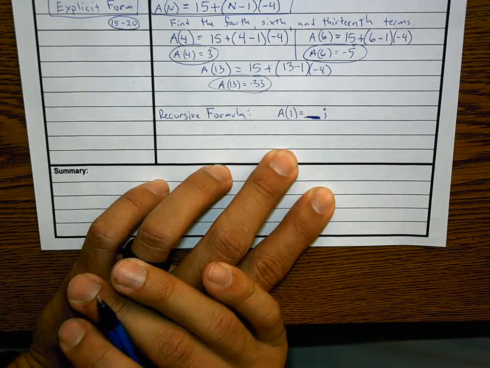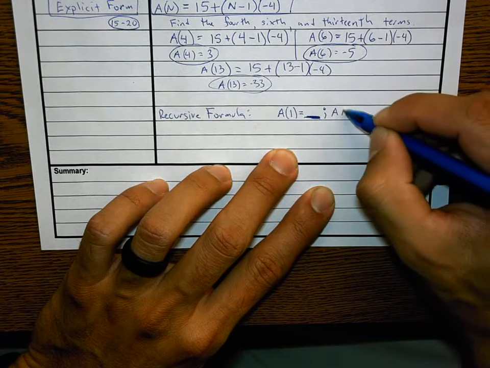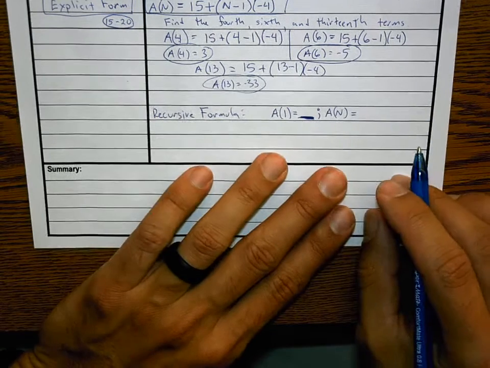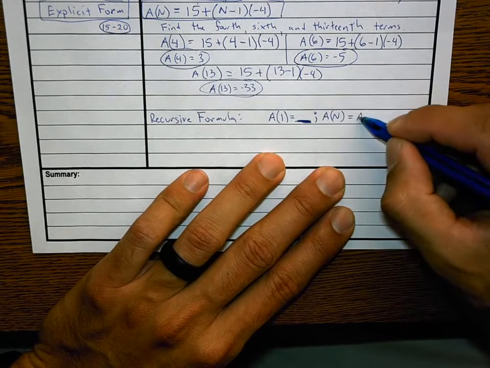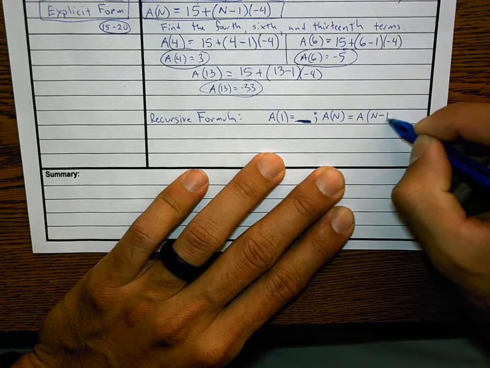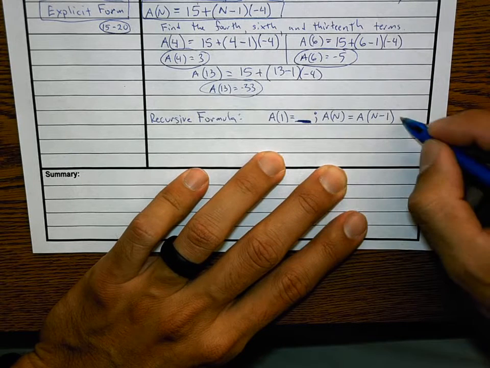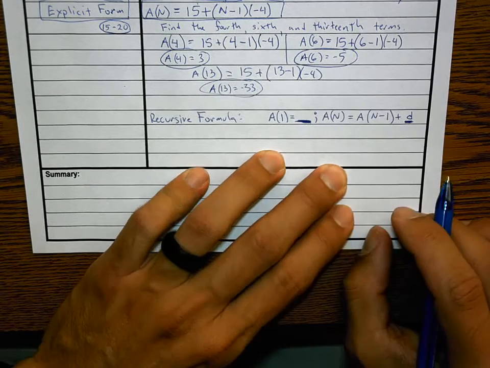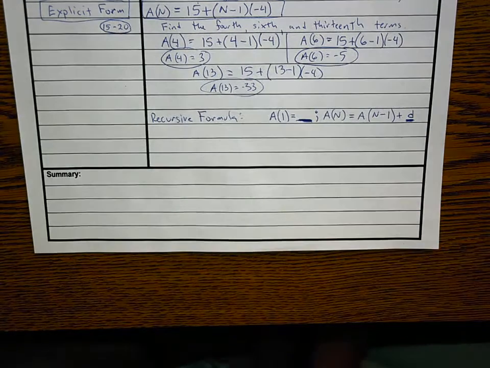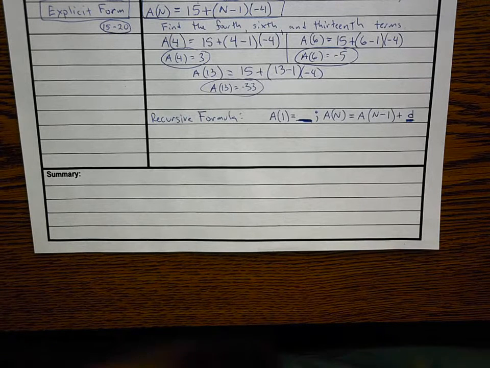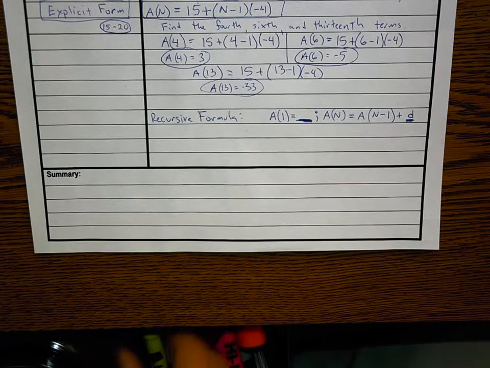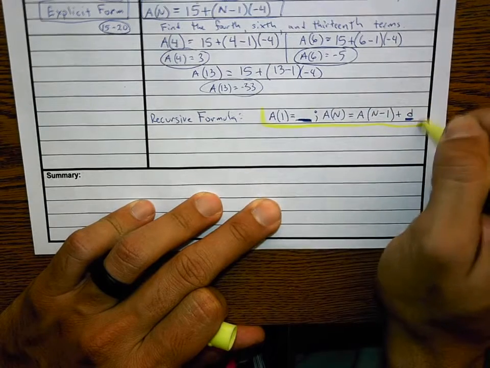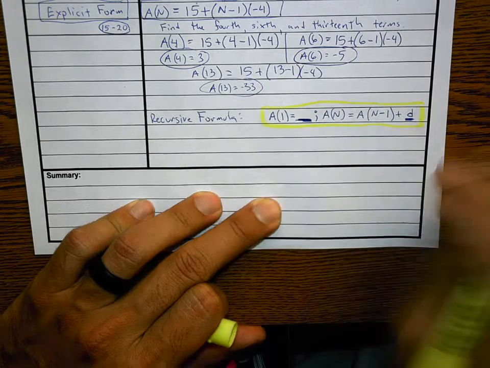Then comes A of n equals A parenthesis n minus 1 end of parenthesis plus D. I'm going to highlight this one in yellow as well, because we use both of these two things all the time.